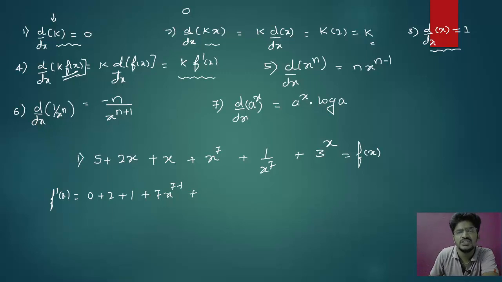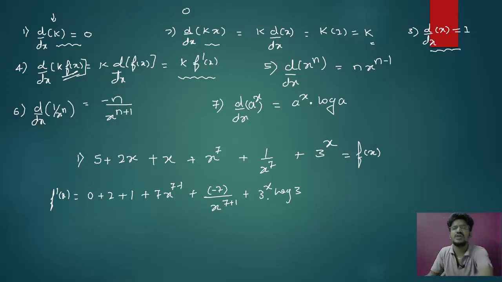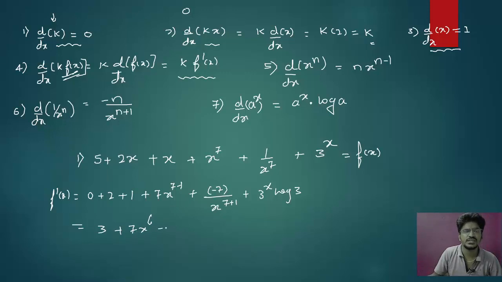Plus here you can see differentiation of 1 by x to the power of n, that is minus n divided by x to the power of n plus 1, plus 3 raised to x into log a, that is 3 because a value is 3. Okay. So like this you have to practice. 2 plus 1 is 3 plus 7 x to the power of 6 minus 7 by x to the power of 8 plus 3 raised to x log 3.